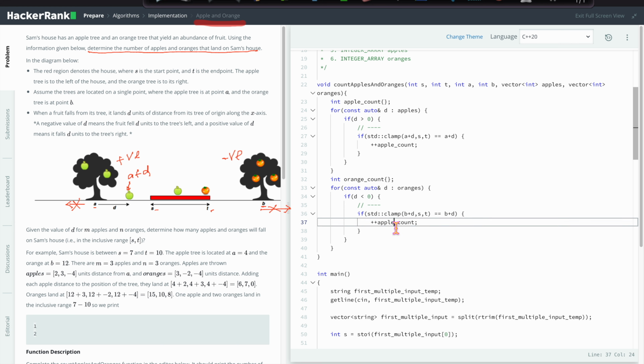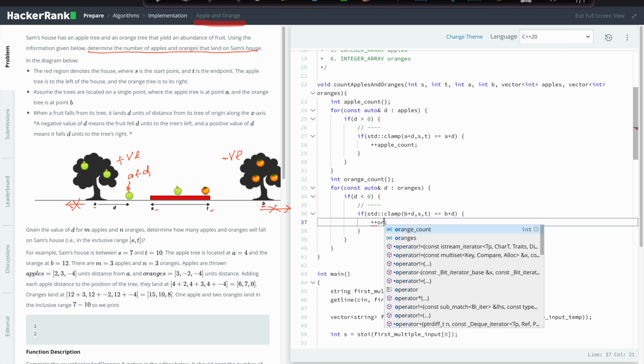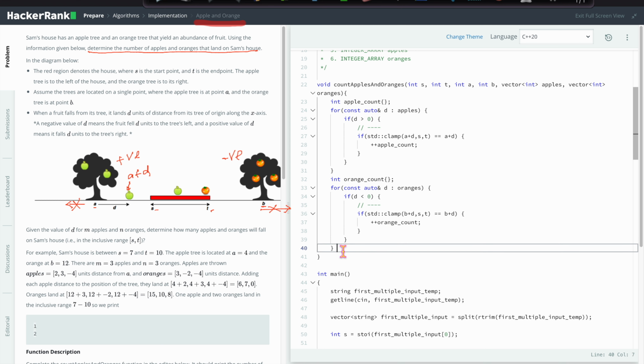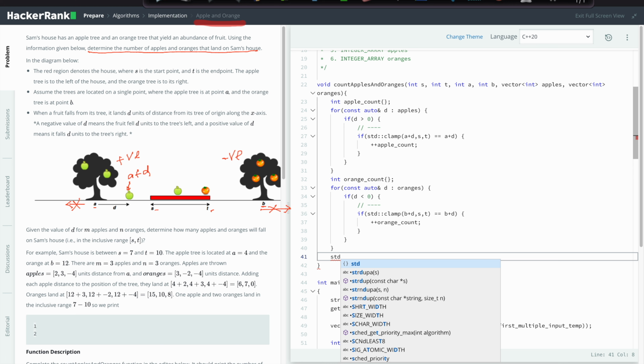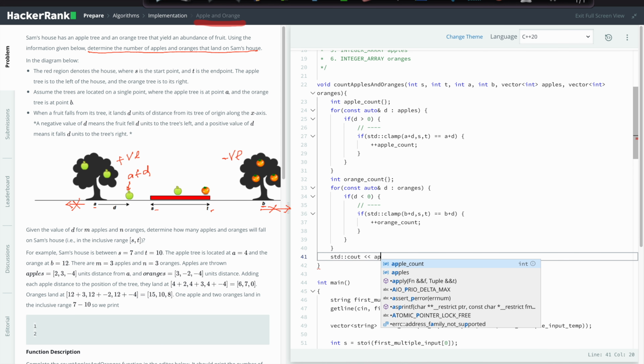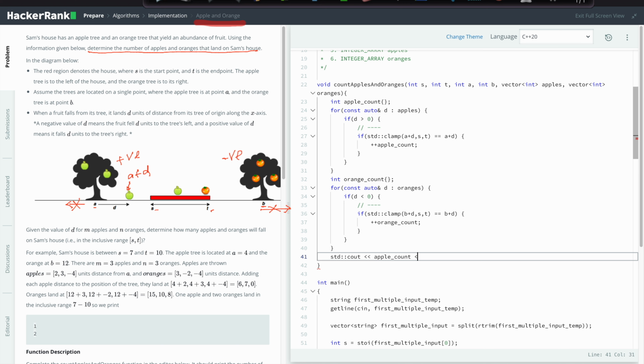And here we should increment the orange counter. Now we are ready to print. That's what is expected: apple count and orange count.